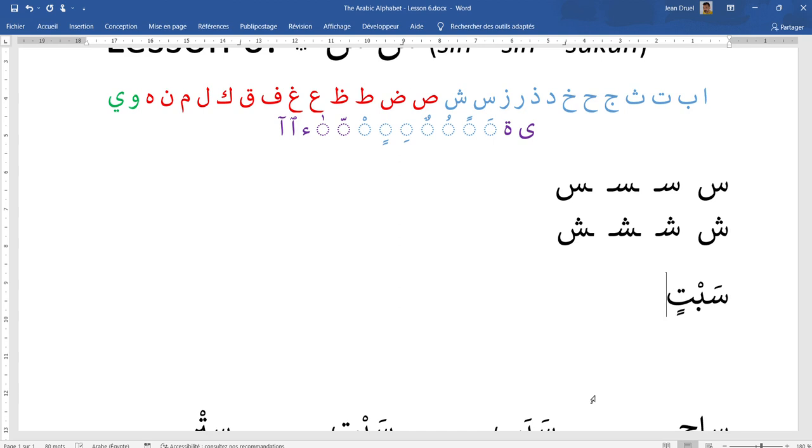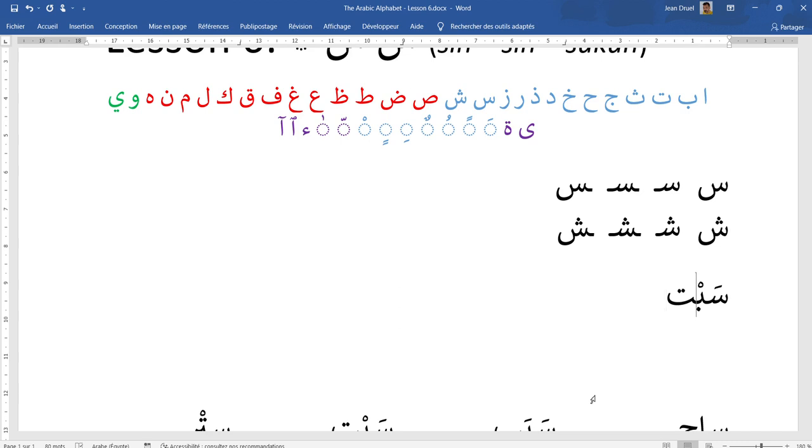But at the end of the word, at the end of the sentence, it is very common, even if you write like this, not to pronounce it. So you pronounce it sabt, which is actually this. So it's redundant, and we don't write it. Usually we don't write two sukūns like this.